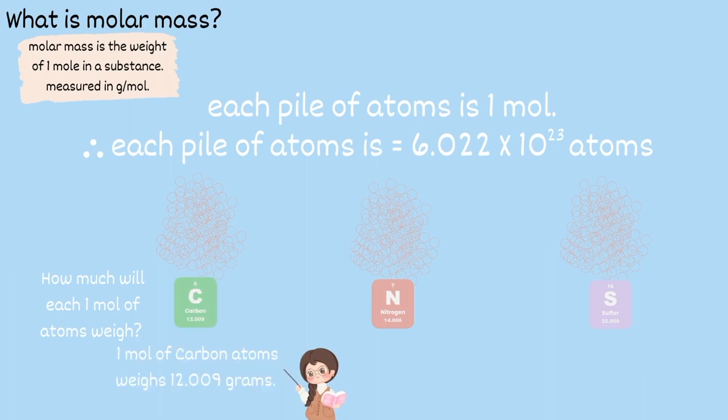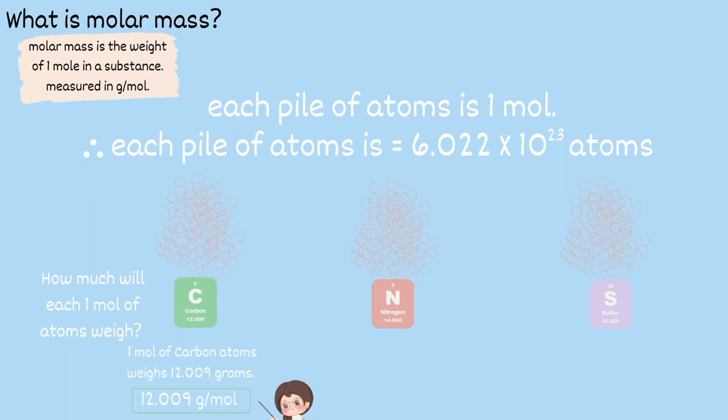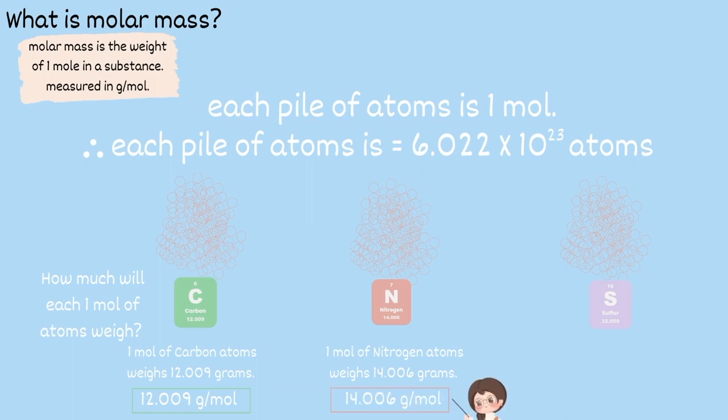So this number we know represents the atomic mass, but it also represents the molar mass. So 1 mole of carbon atoms weighs 12.009 grams. In short, we can write it like this, 12.009 grams per 1 mole. Nitrogen has a molar mass of 14.006, so 1 mole of nitrogen atoms weighs 14.006 grams. And we can write that out like this.